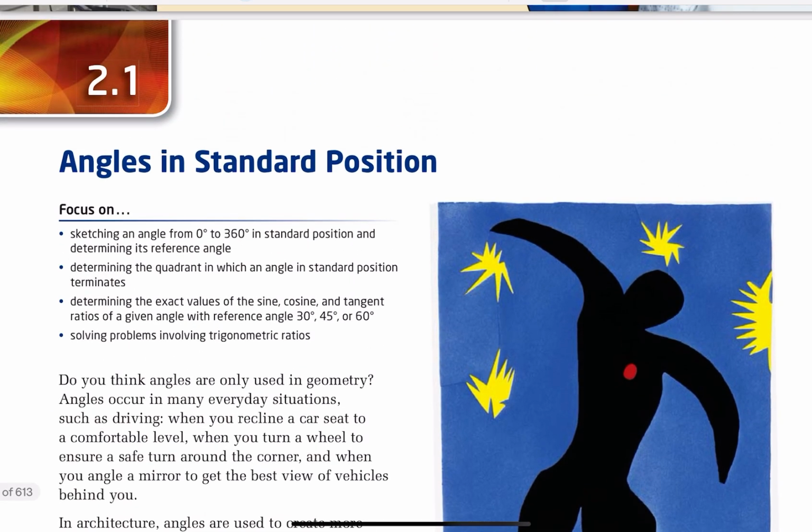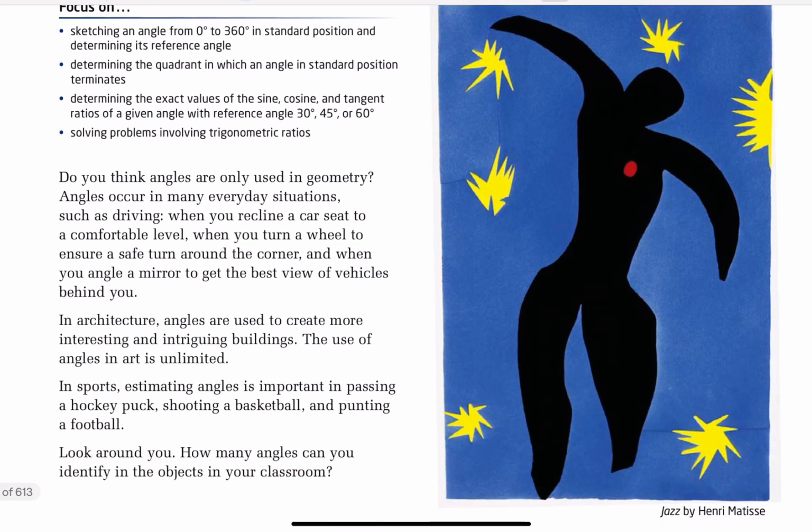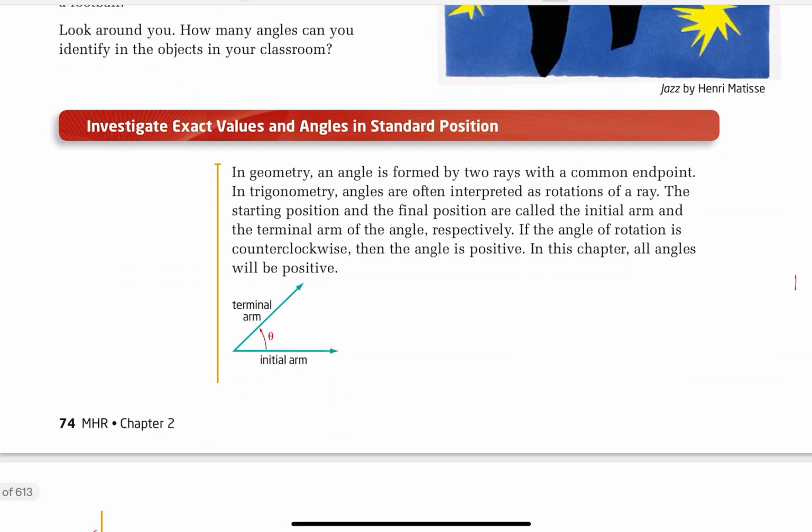Hi everybody, welcome to another lesson, angles in standard position. So the first thing you should know is what is an angle. In geometry, an angle is formed by two rays with a common endpoint, and in trigonometry, angles are often interpreted as rotation of a ray, like this.